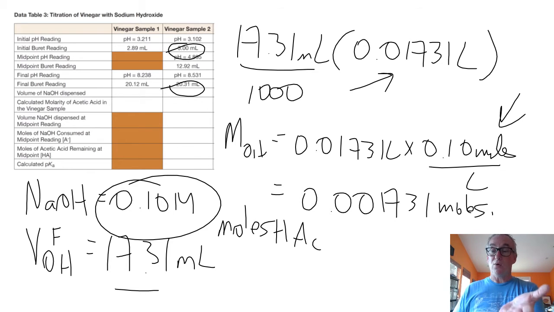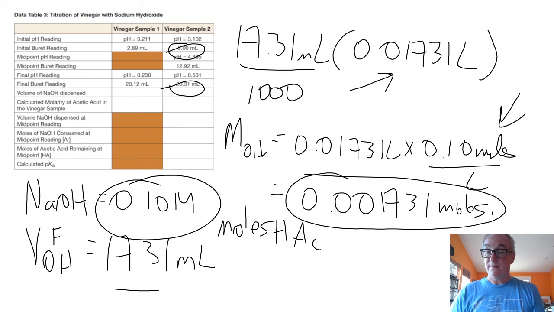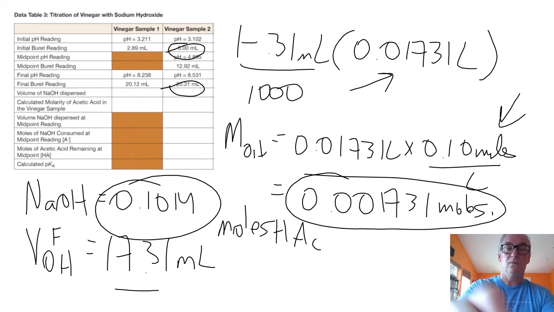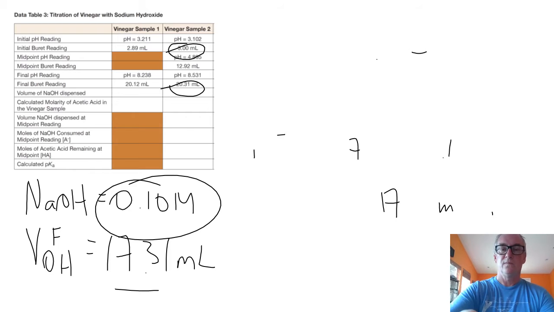So if the moles of base is this much at the end, that's because that's the same number of moles of acid that were there at the beginning. So we're halfway home. So that's the number of moles of acetic acid at the beginning of the titration. Okay, so let's put that aside. That's our moles of acetic acid at the beginning.